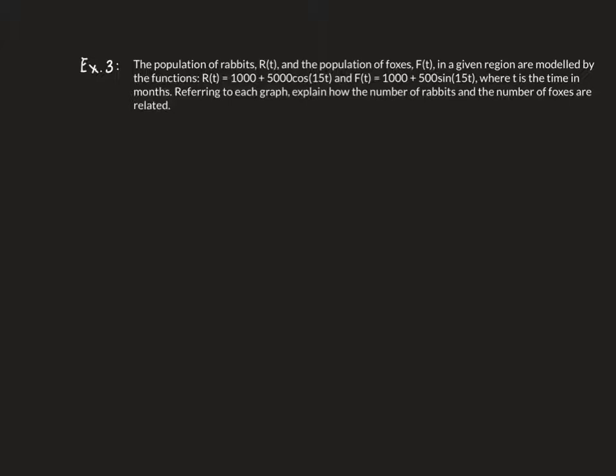So before we can make the graph, we just need to understand something. What do we need to understand? Well, for both functions, my k value is 15. And of course, in both of them, the time is in months.